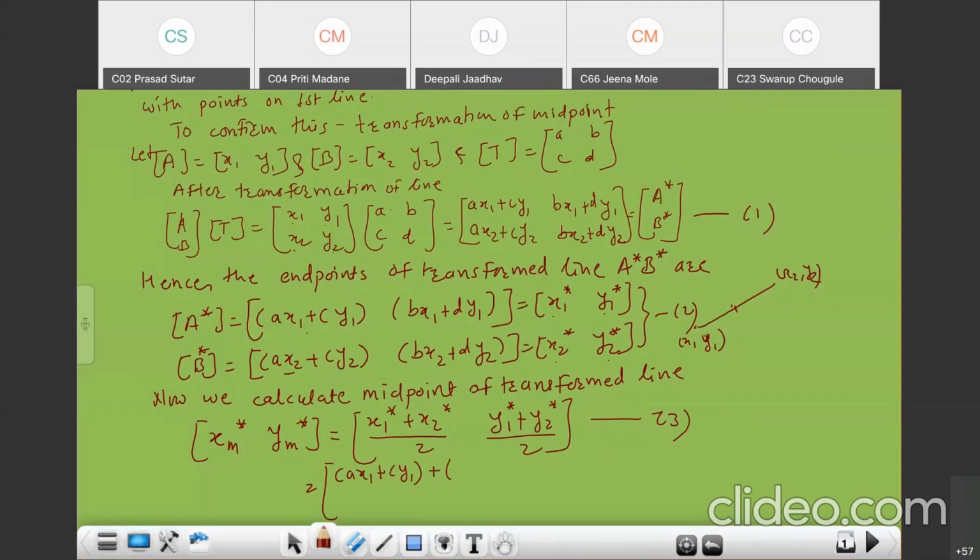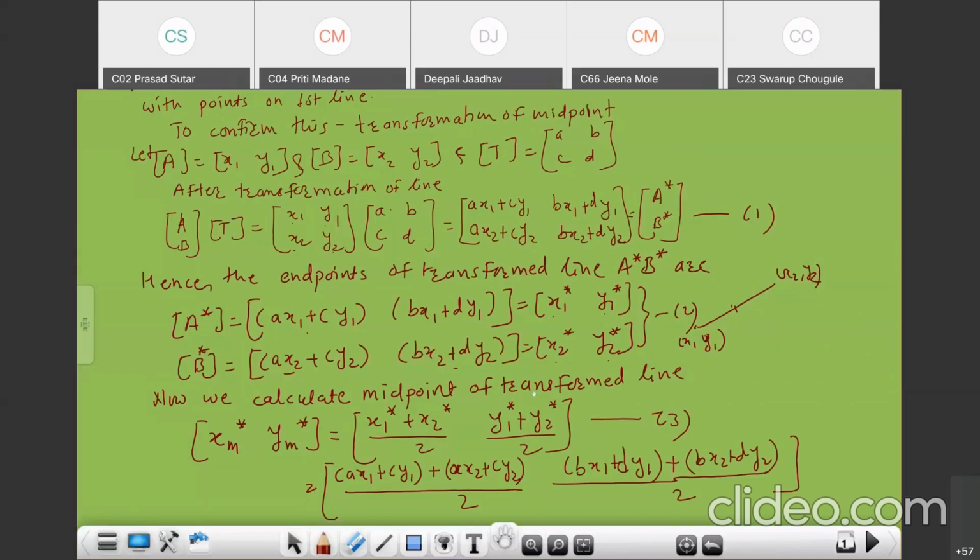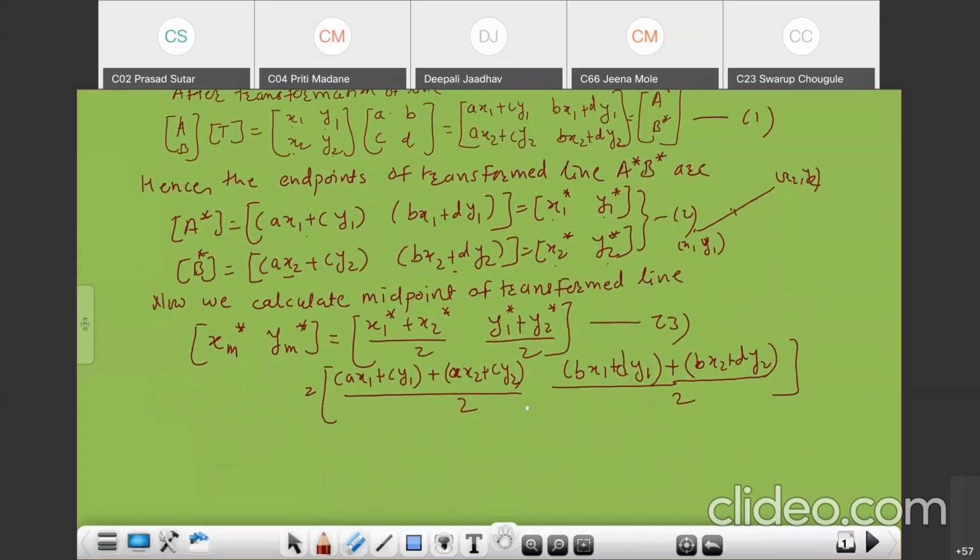It is here A of x2 plus C of y2 divided by 2. Correct? And what is y1 star? B of x1 plus D of y1 plus y2 star. It is B of x2 plus D of y2 divided by 2. So is it clear up to this?